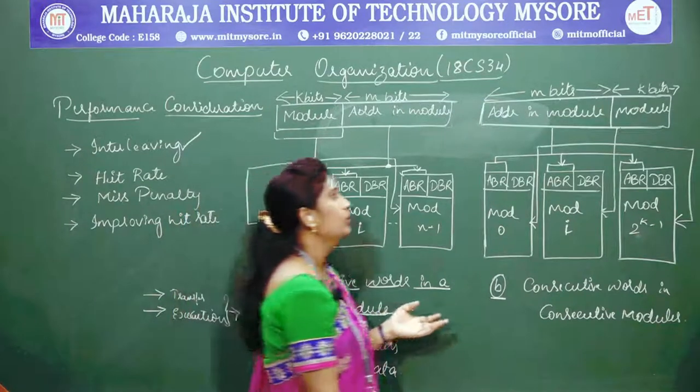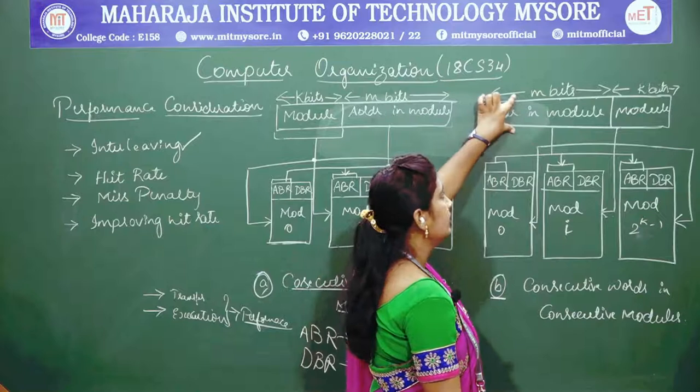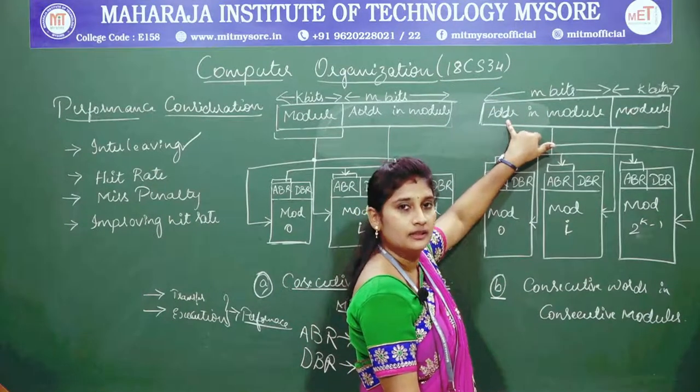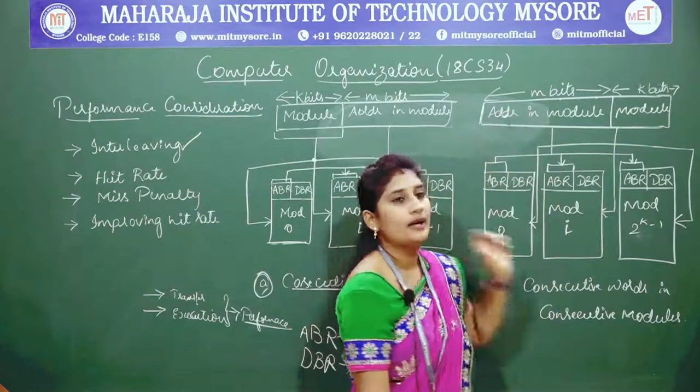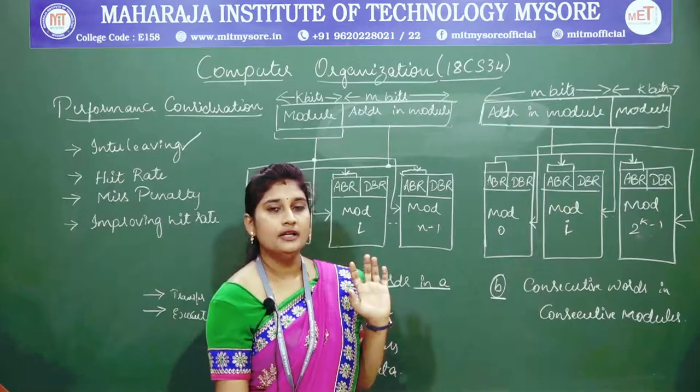Here again you have the same two fields, but in the higher order bits you will be specifying the address of the particular word or particular byte of a module.